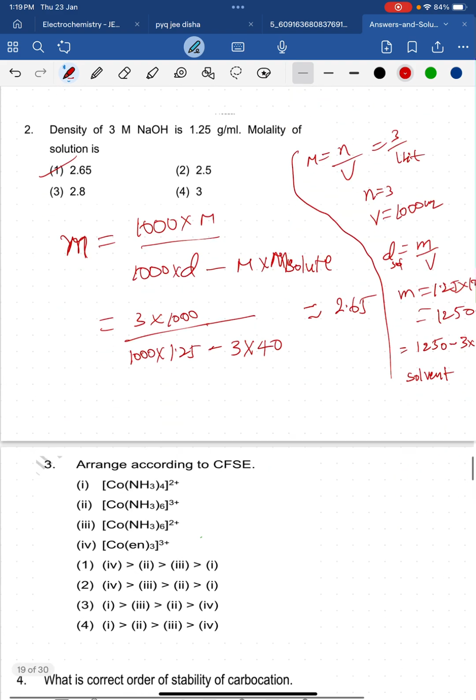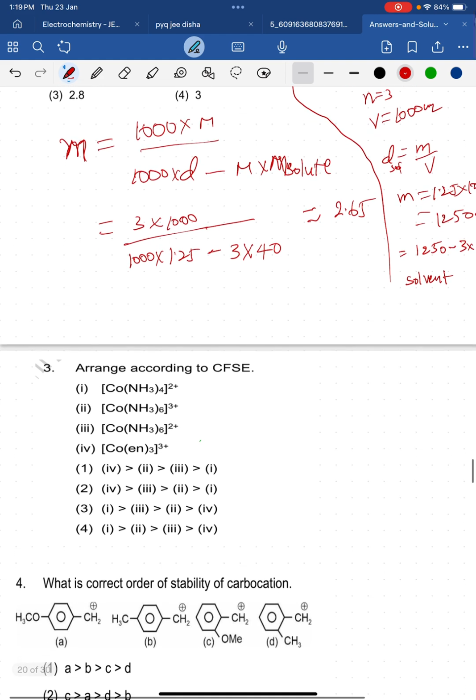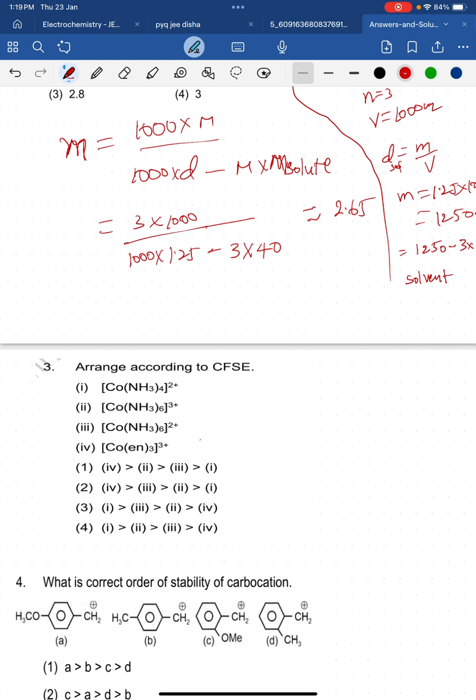Okay, right. And the third question: arrange according to CFSE value. Which has the highest CFSE? First check which complexes are octahedral and tetrahedral. Octahedral complexes have more CFSE than tetrahedral. This is the basic idea. After that, you have to see the ligand, which is a strong field ligand. Chelating ligands have much more CFSE than weak field ligands.